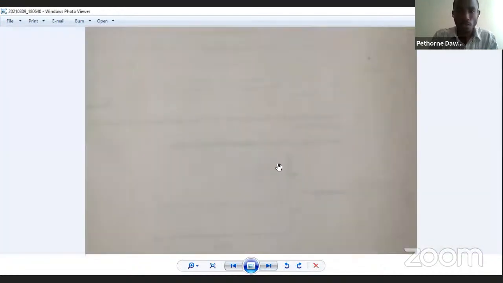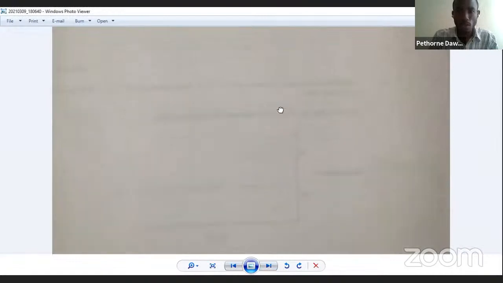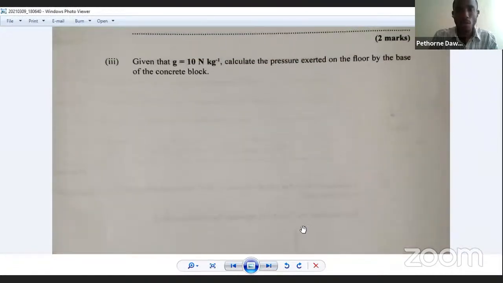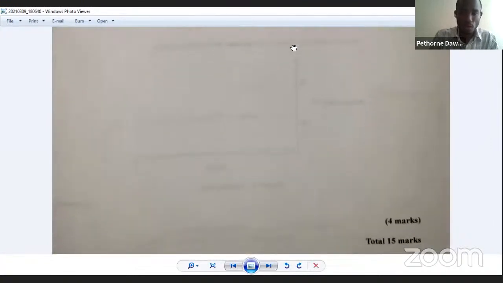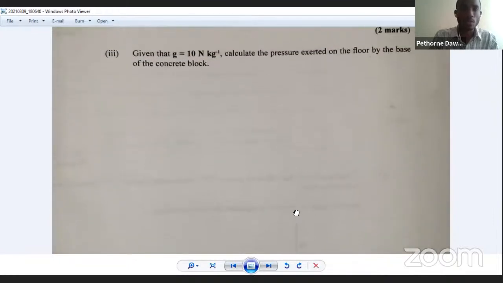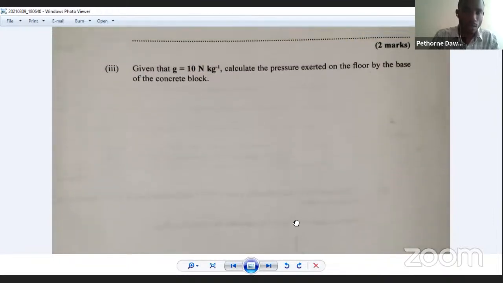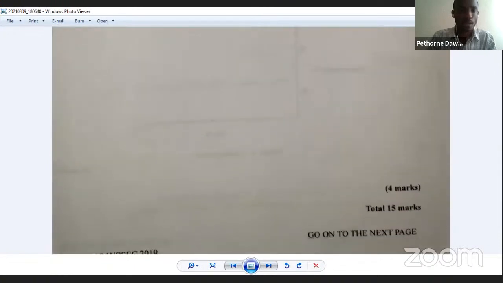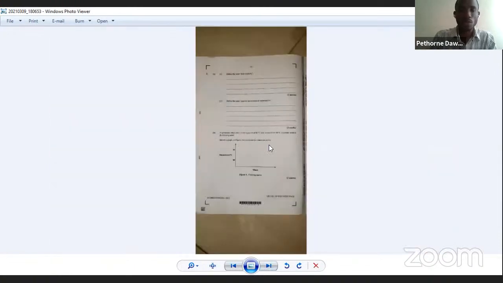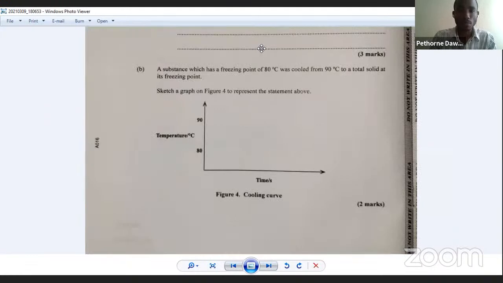So for those 4 marks, those 4 elusive marks, you would have to work out the area, 1.4 times 2, work out the force, which is the weight, 20,160 times 10 Newton per kilogram, and then you divide those two to give you the 71,842.9, and that would be Newton per meter squared. And that's our question number 2 completed.